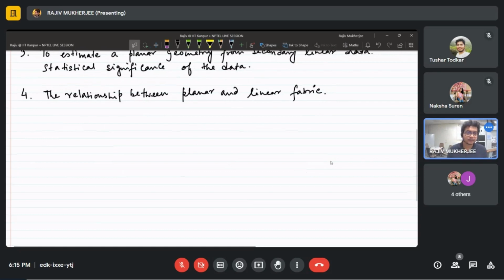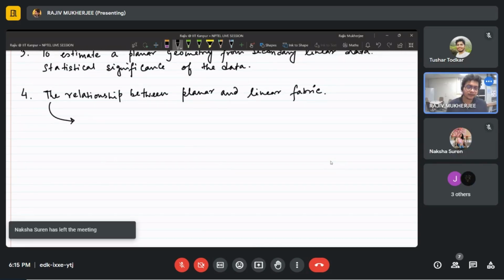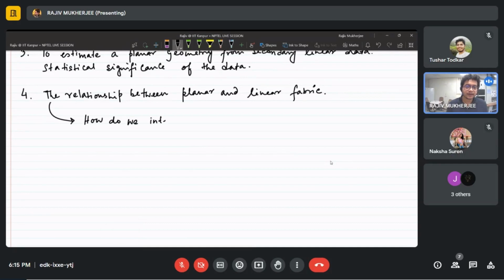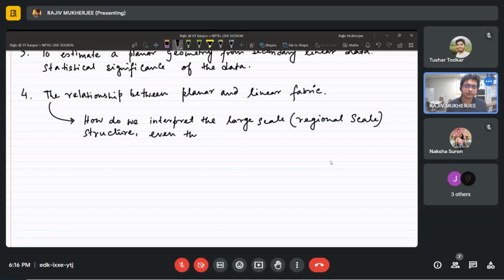And in this regard, it is very important to identify how do we interpret the large scale, I mean regional scale structure, even though there are no direct evidence, right?